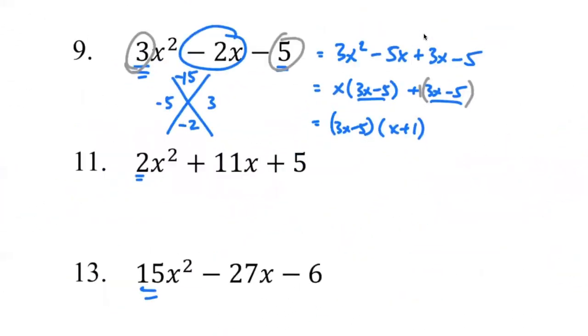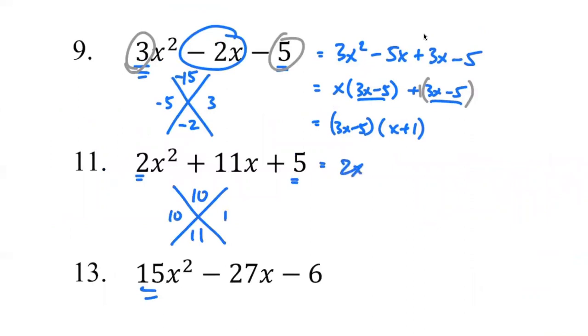Now over here, I'm going to show you both the cross method and the trial and error method. You have a times c, which is 10, and then b is 11. I think that's very straightforward.